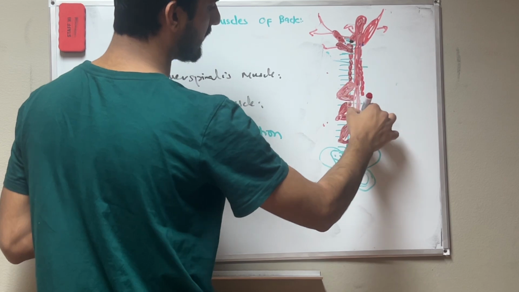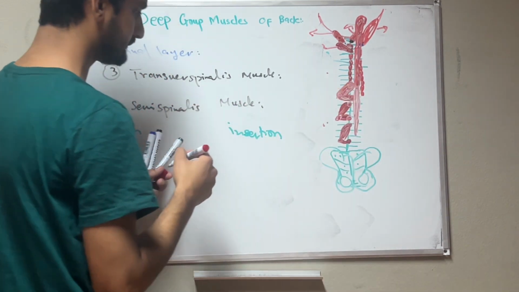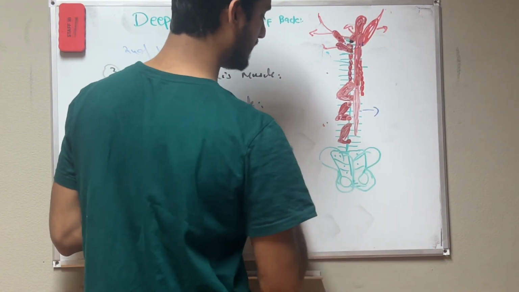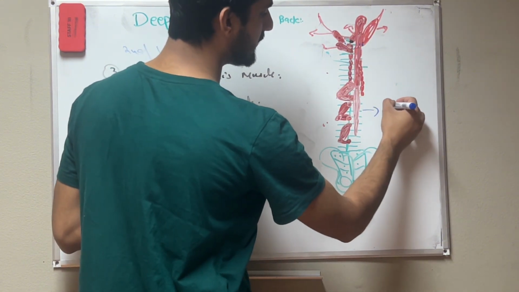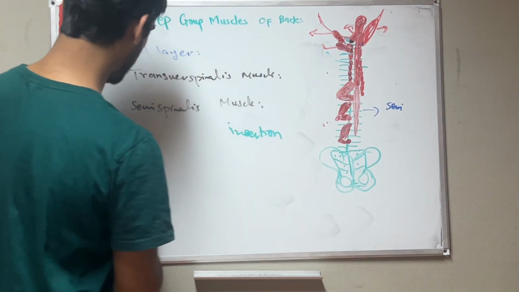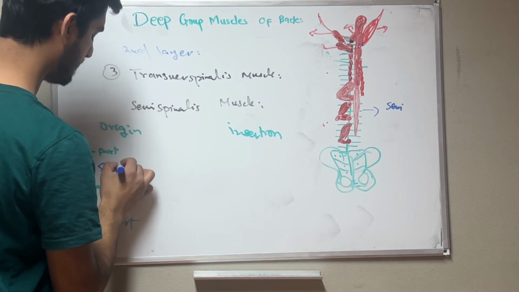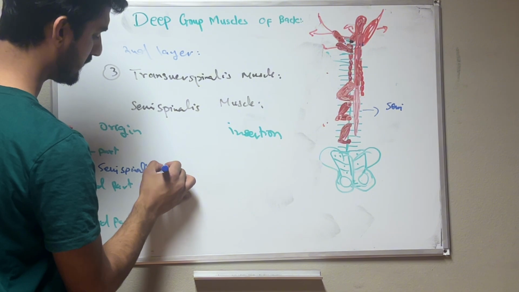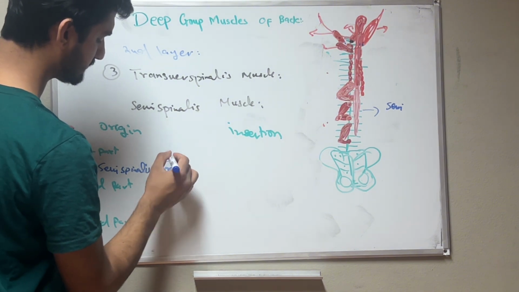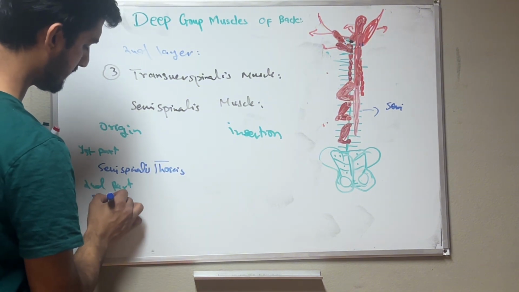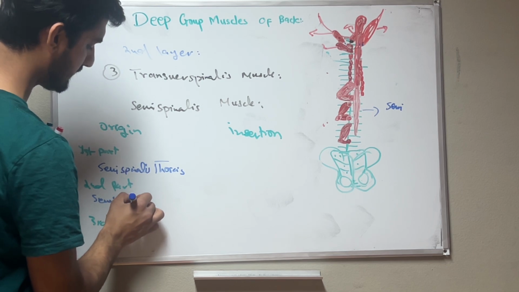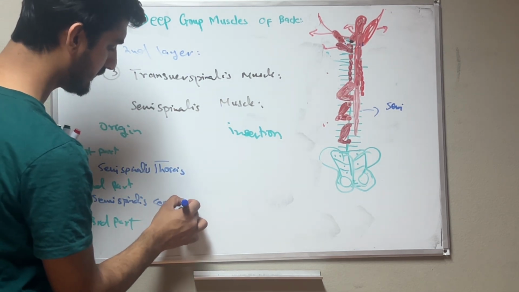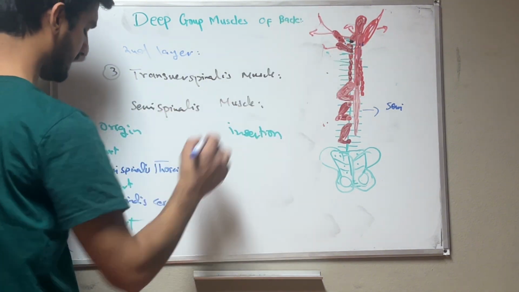The first part is the semispinalis thoracicus, because it is in the thoracic region. Semispinalis cervicus is in the cervical region, and semispinalis capitis is in the capitis region.